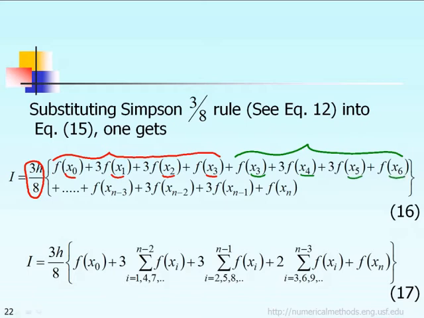In other words, for the first segment, the lower bound is x0 and the upper bound is x3. For the second segment, the lower bound is x3 and the upper bound is x6.